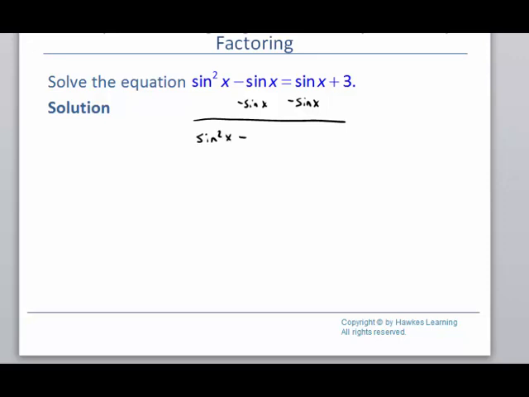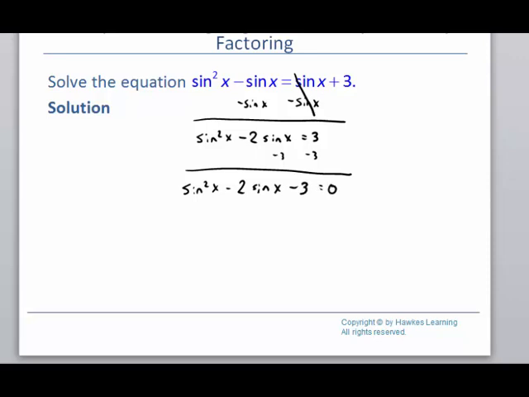A minus sign and a minus sign make minus 2 sine. It's going to cancel over here and leave me just the 3. My next step is going to be to subtract this 3 from both sides. So I'm going to have sine squared x minus 2 sine x minus 3 is equal to 0.